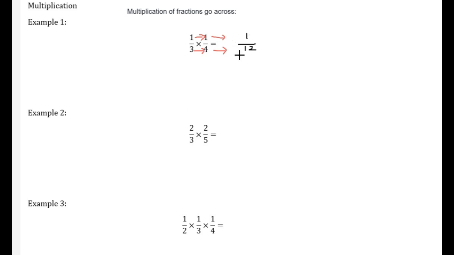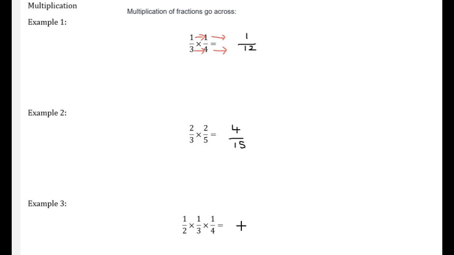It's optional to reduce to lower terms, but we can't in this case. So 1/12. The next one is the same idea, just multiply across. 2 times 2 is 4, and on the bottom 3 times 5 is 15. So 4/15ths.